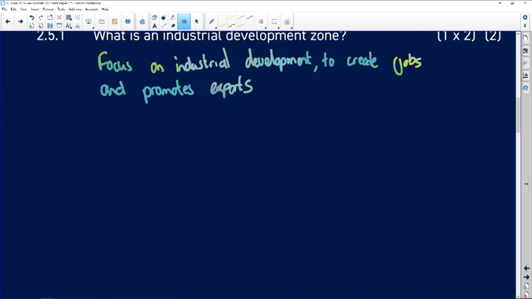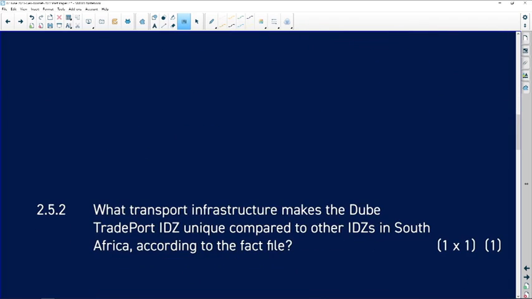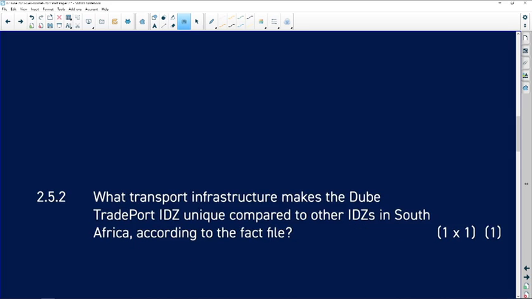Okay, 2.5.2, what transport infrastructure makes the Dube Trade Port IDZ unique compared to other IDZs in South Africa according to the fact file? Okay, it's the largest greenfield airport development.